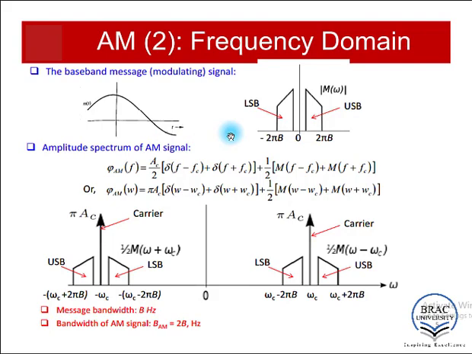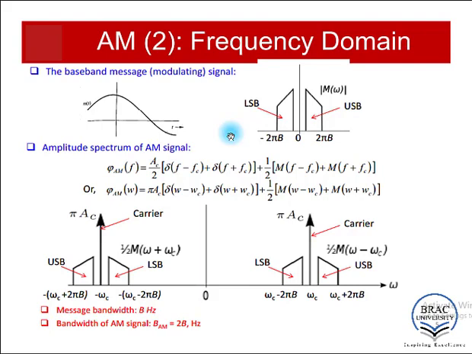Just to remind you, a cosine or sine wave in the time domain, when transformed to the frequency domain, consists of two impulses at the positive and the negative values of the corresponding frequency of the wave. This concept may come in handy later. Now remember, the AM signal in the time domain consists of two parts.